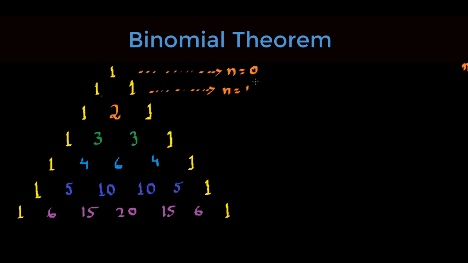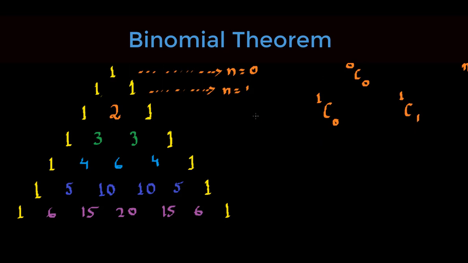So for the first binomial index n equals 0, what we're going to write is 0C0, and the value of 0C0 is 1. Now for n equals 1, what we will write here is 1C0 and 1C1.